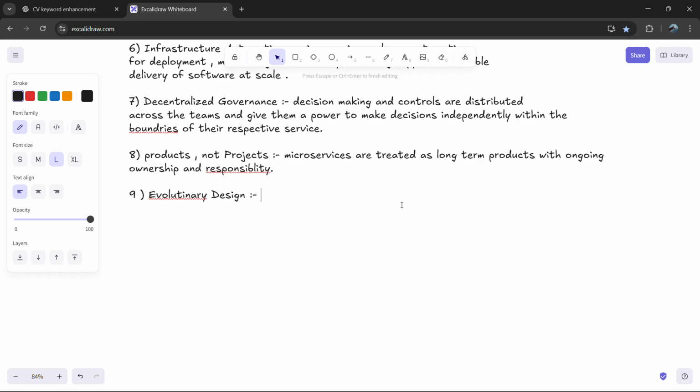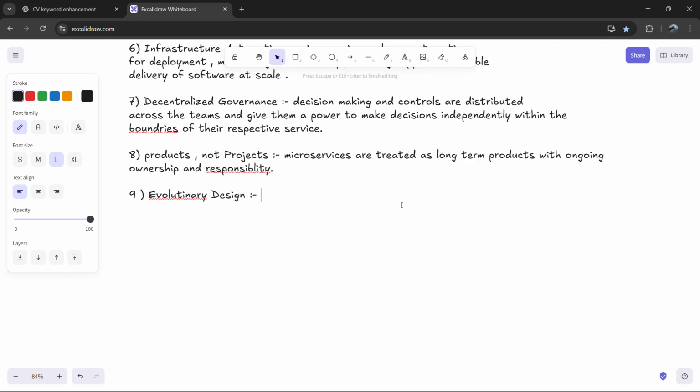This is the last point of the microservices architecture given by Martin Fowler. This point says that microservices prioritize evolutionary design and incremental improvement over upfront planning in monolithic architecture. Services evolve iteratively based on feedback, changing requirements, and emerging business needs, enabling organizations to adapt quickly to market dynamics.